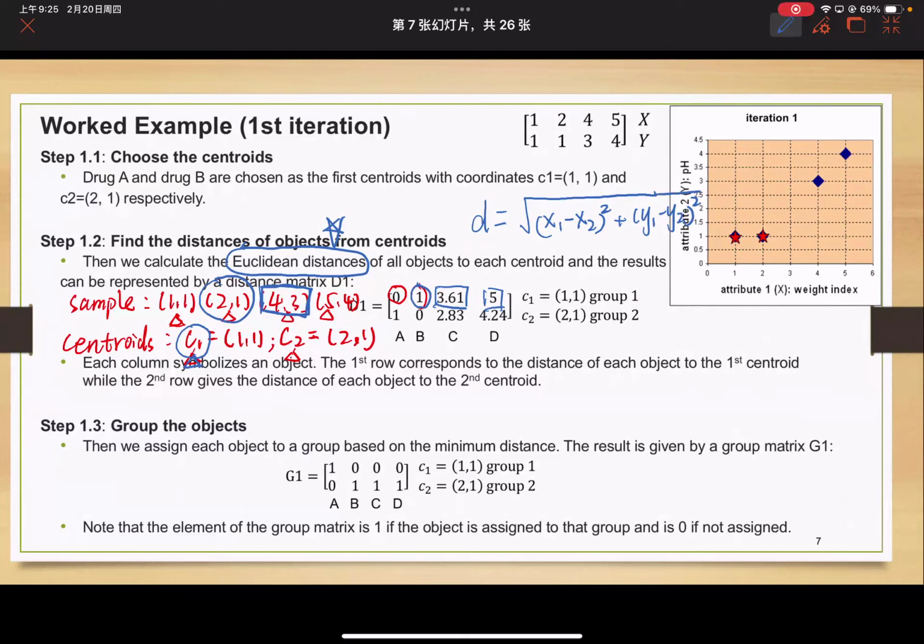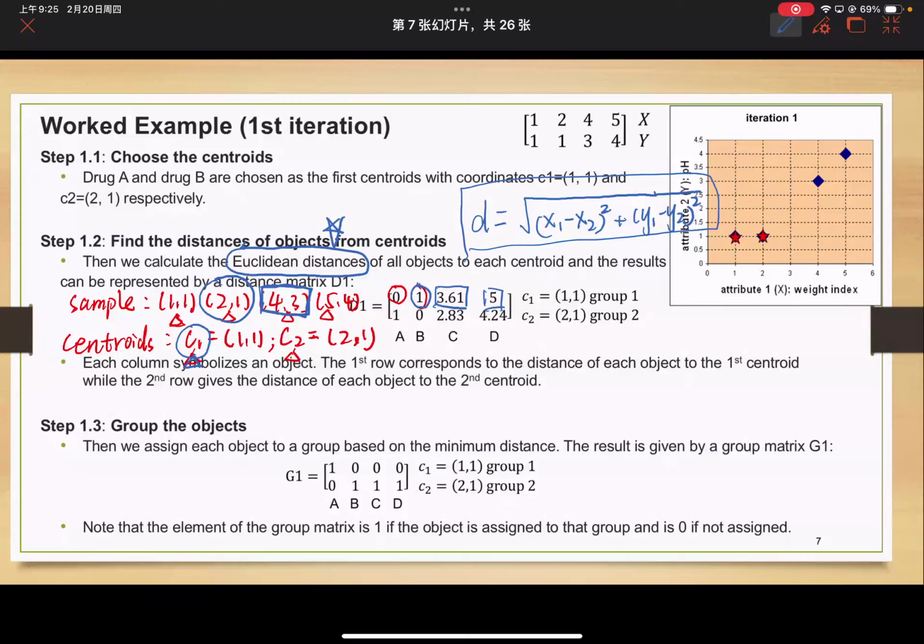So this is the formula of the Euclidean distance. It is like the sum of the squared error. This is how we calculate distance.